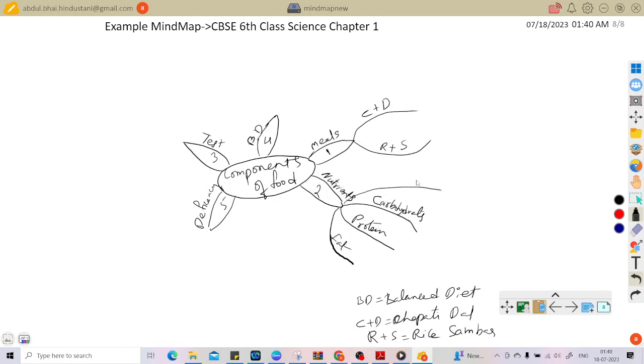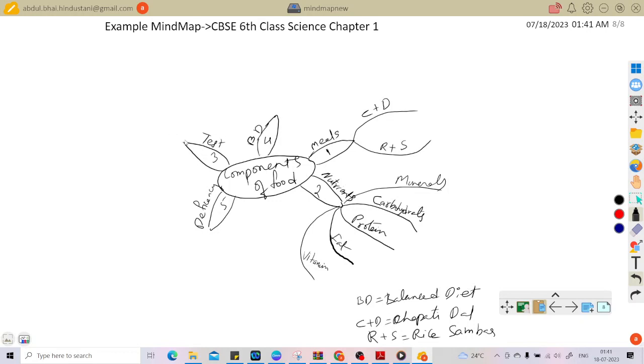Likewise the minerals, and then we have fiber. Sorry, it should be vitamins, right? So I'm erasing it. Fiber doesn't come under the nutrients, so we have fat, protein, carbohydrate, and vitamins.